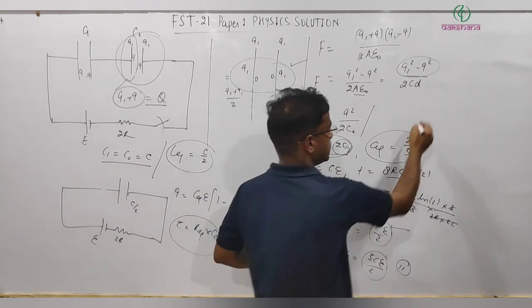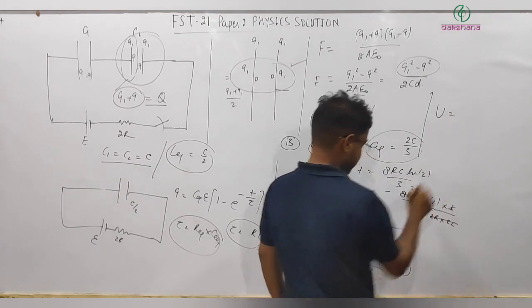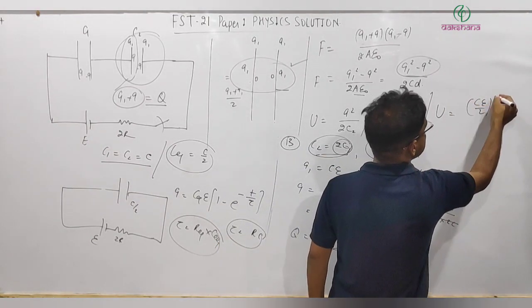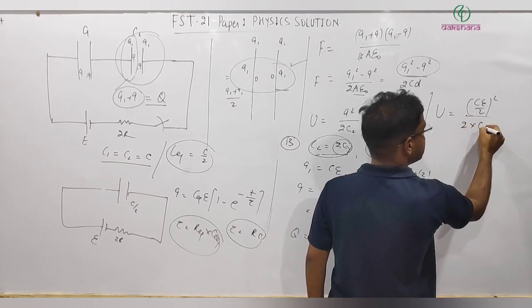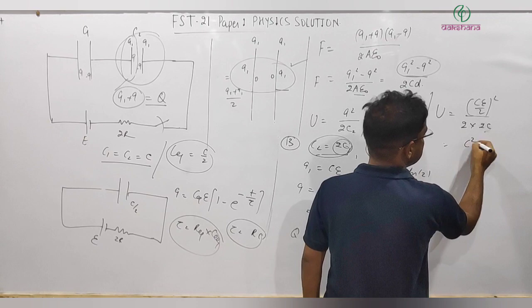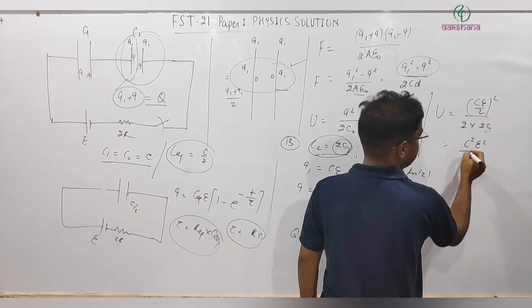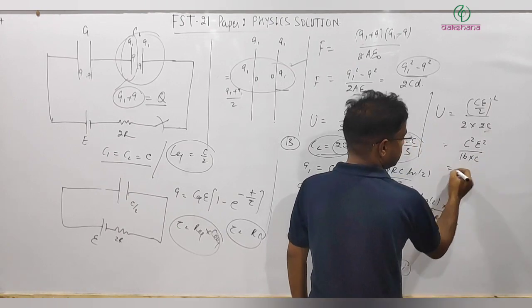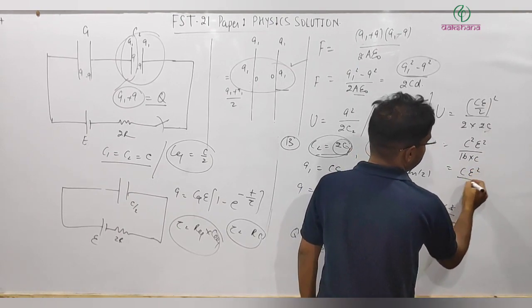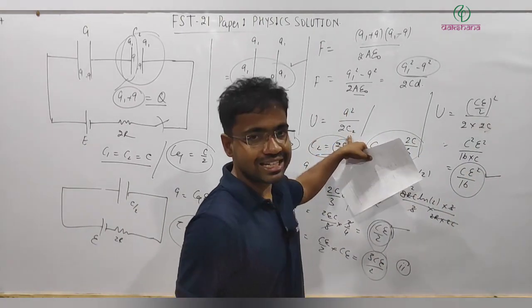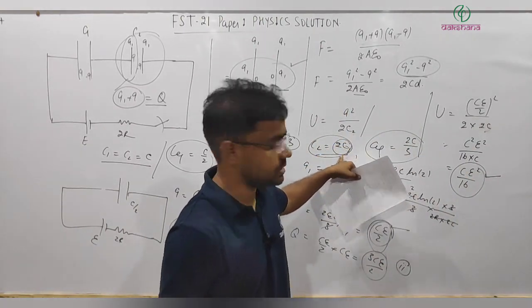So energy is CE by 2 whole square divided by 2 into C2, and C2 is basically 2C. Solving, we get C square E square divided by 4 into 4, 16 into C, and that comes out to be CE square divided by 16. So just take care of C2, because C has changed in this situation.